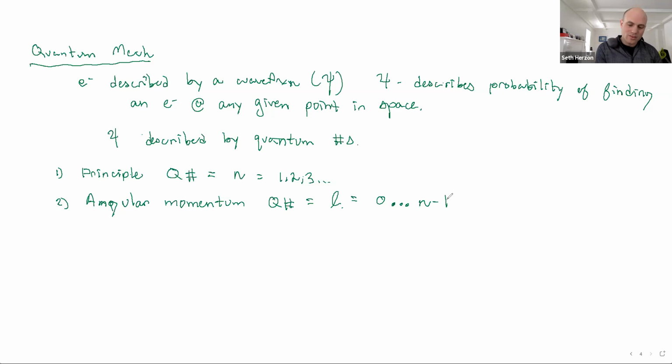When L has specific integral values, we assign specific letters to it. For L equals 0, we abbreviate that S. For L equals 1, we call that P. So hopefully you can see where this might be going. And for L equals 2, we call that D.